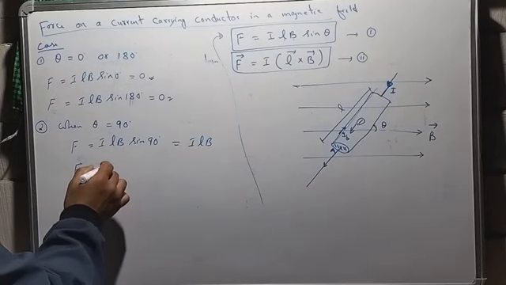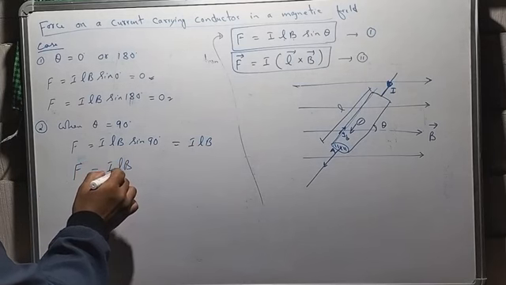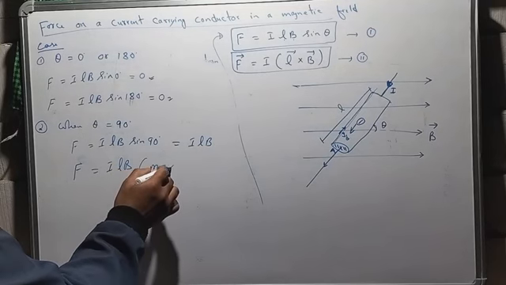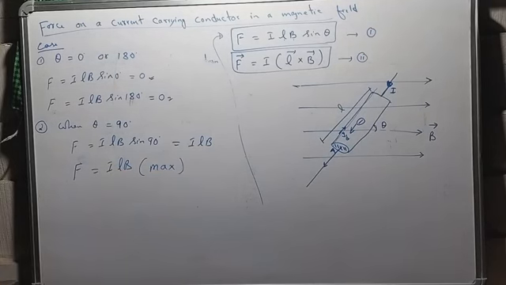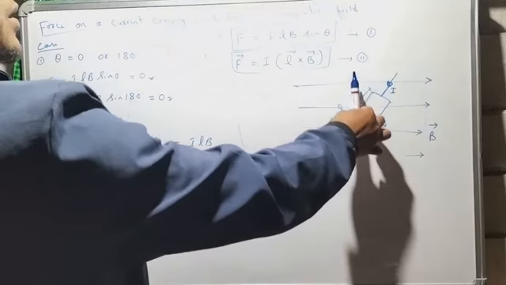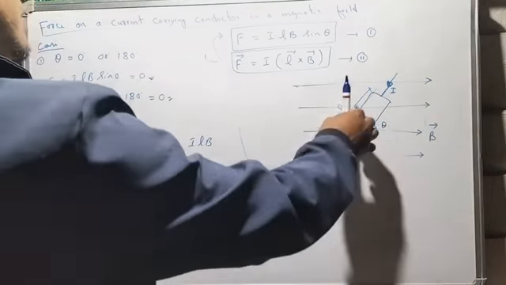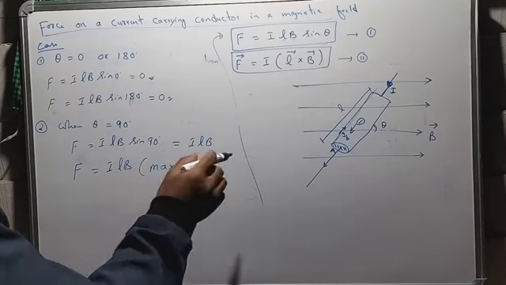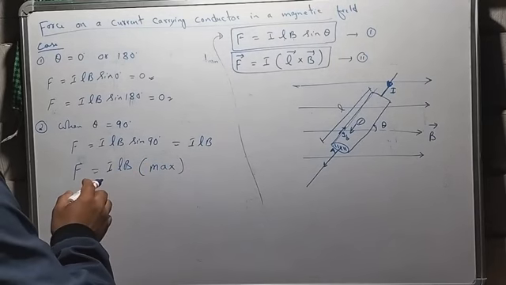So F here is ILB, which is non-zero, so I can say that this force is maximum. This means that when the conductor is held perpendicular to the magnetic field, the conductor will experience the maximum magnetic force, and the value of the maximum magnetic force is ILB.